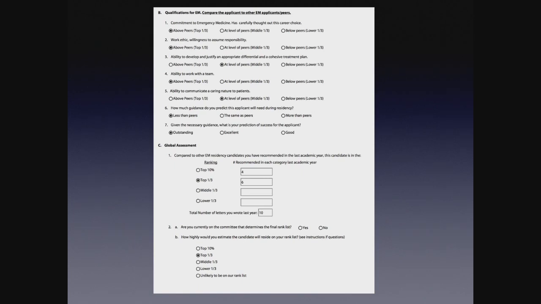Personally, this is my editorialization about this. I despise this because I think that unless the letter writer puts a lot of context in the box on this next page, it's really hard to tell. I might say that someone's middle third and think, ooh, middle third, that's not good.